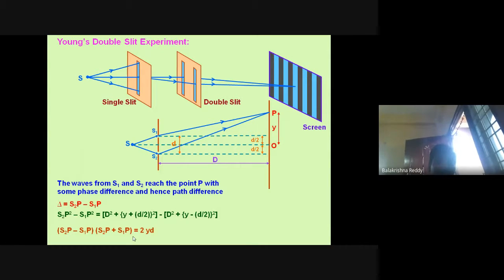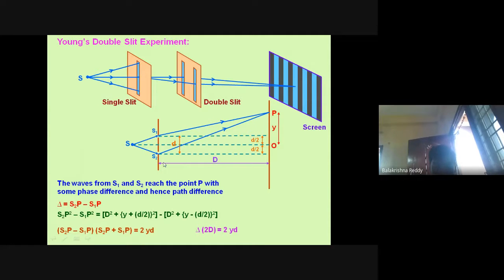Now here you should remember one important thing. What is that? Since these are light rays, S1P distance and S2P distance are very near to each other, approximately equal we can say. Before going to equal, this is S2P minus S1P.